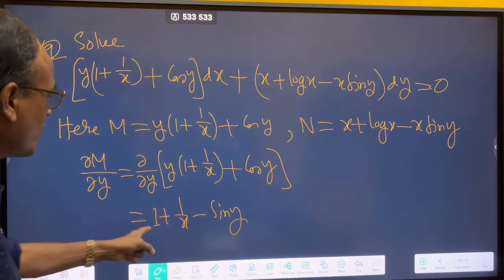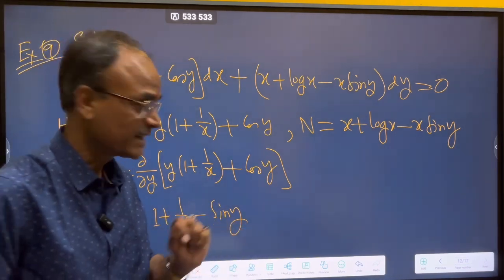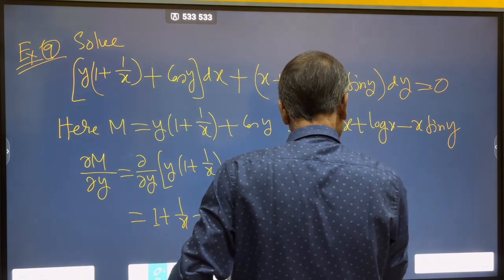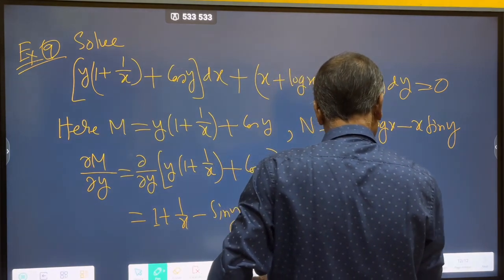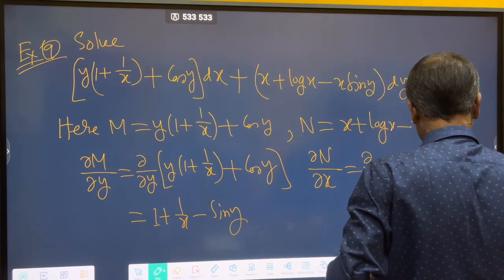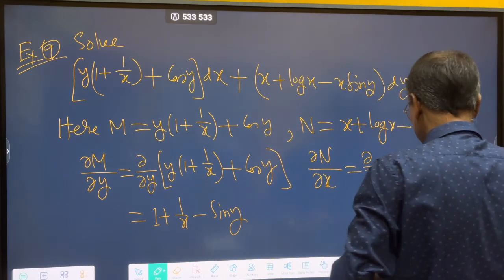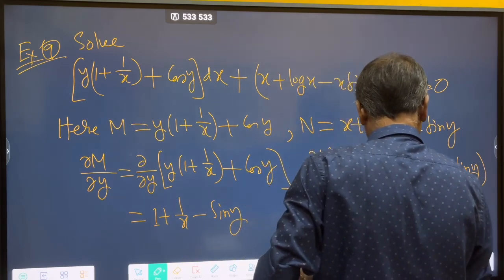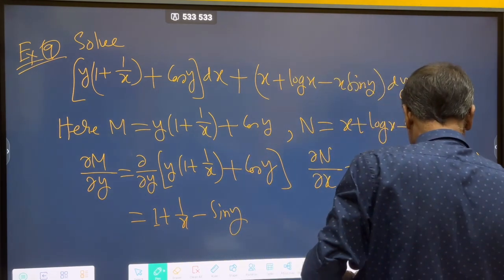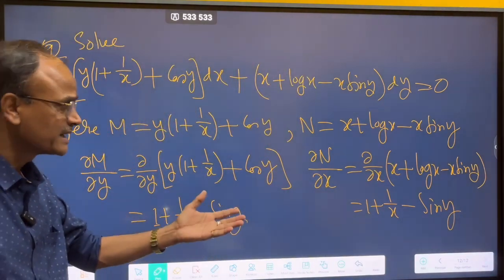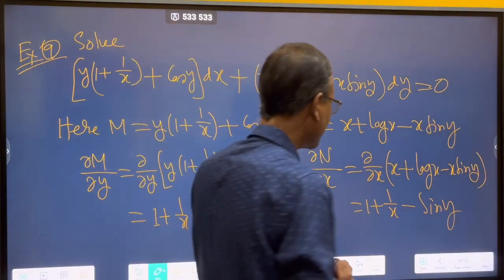So 1 plus 1 by x minus sin y. Del N by del x equal to del x of x plus log x minus x sin y, this is equal to 1 plus 1 by x with respect to x, it is minus sin y.